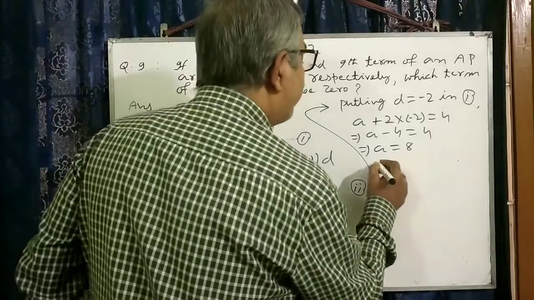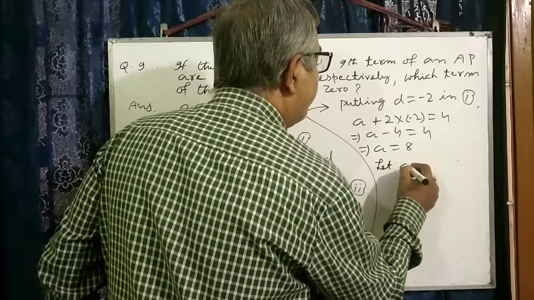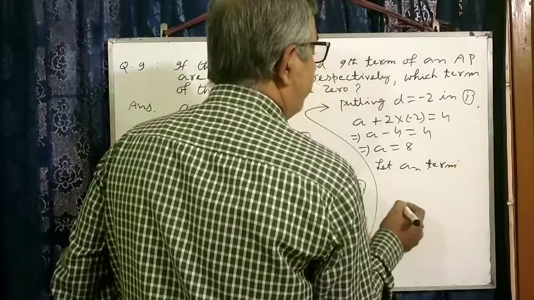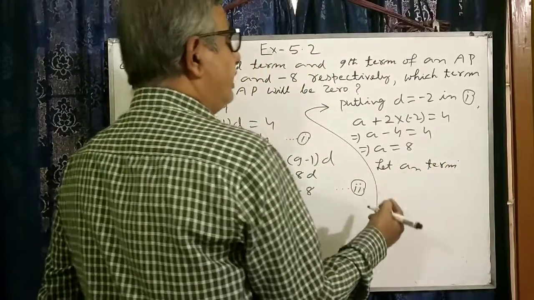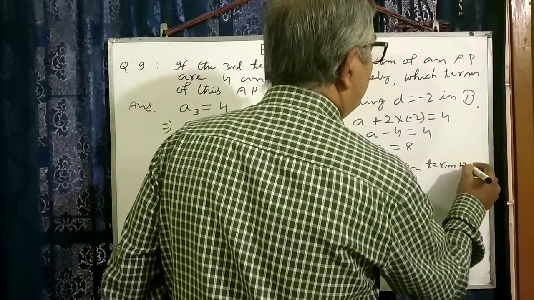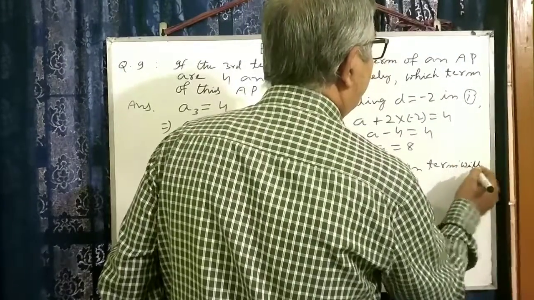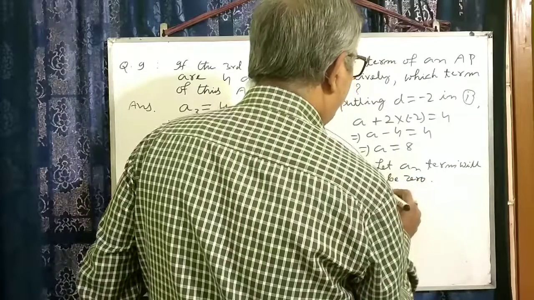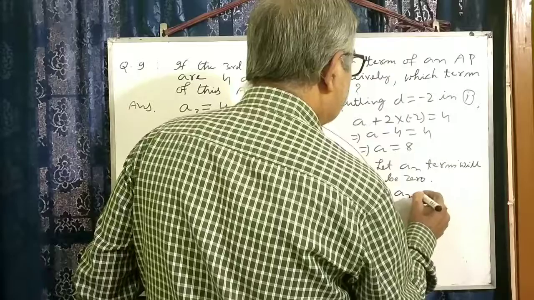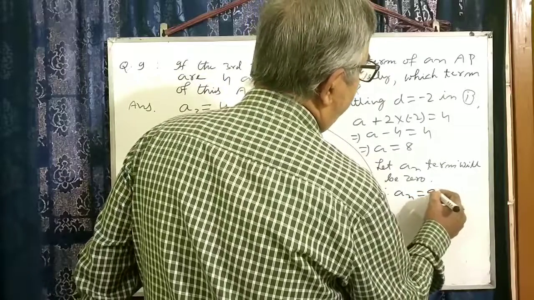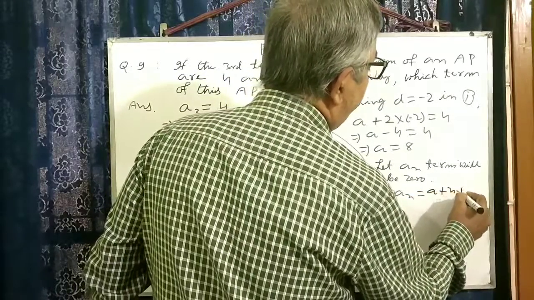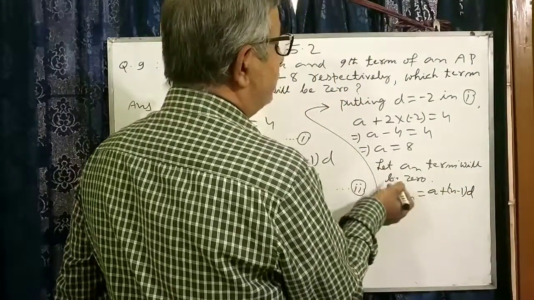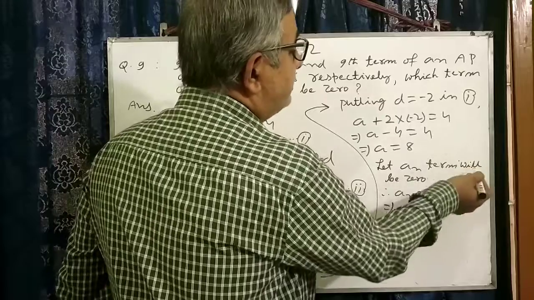Let the nth term be 0. Therefore, an is equal to, we are writing the formula A plus n minus 1 d. Instead of an, we have supposed 0.